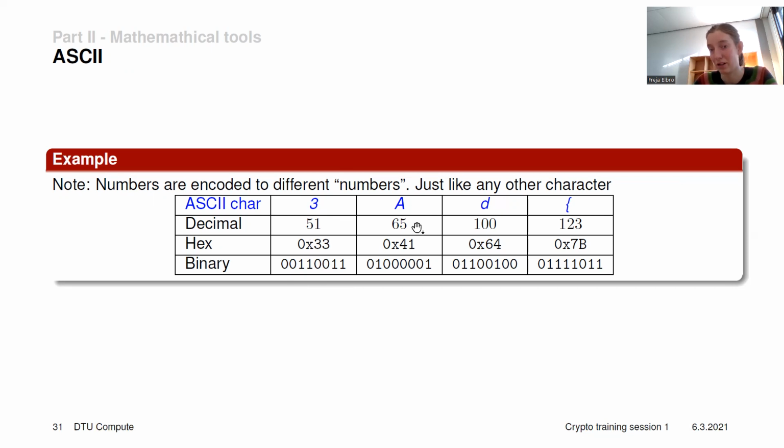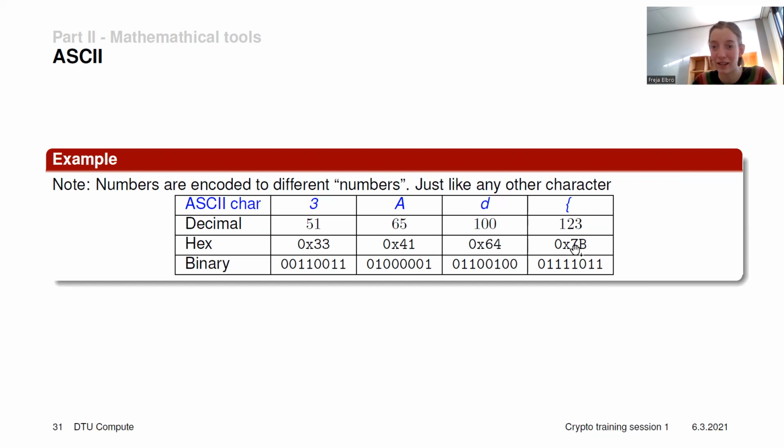A is encoded in the following way, and B and curly braces are encoded in this way. Here you see the reason why hex is nice to operate with, because binary is a little bit too long to represent. Decimal is annoying because it's not so easy to convert into binary from decimal.